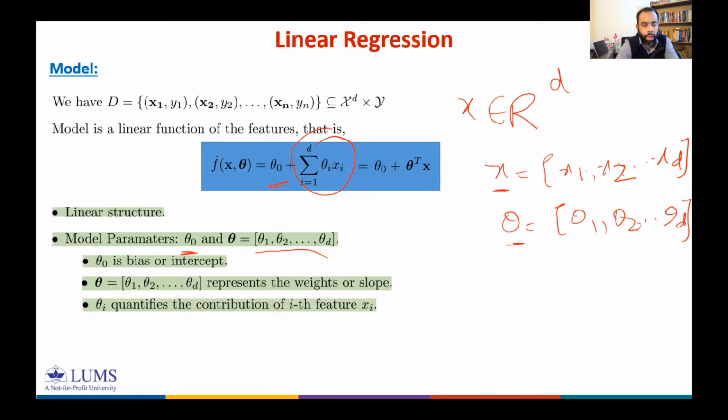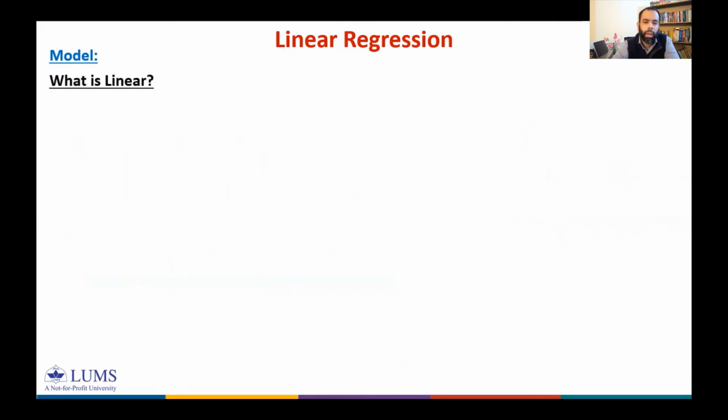Okay, so why do we call it linear? What is linear here? When you take d is equal to 1, that means we only have one input. x is a scalar. In such a case, our model is very simple: bias, and only one feature, theta 0 plus theta 1 x. You can visualize it.